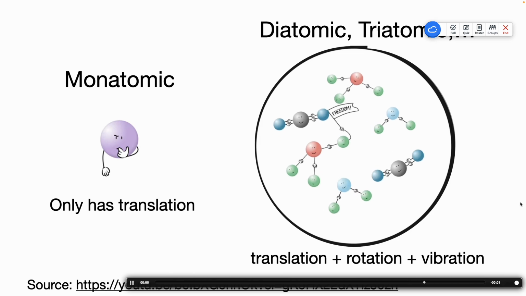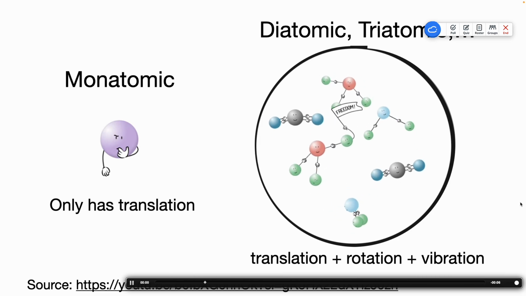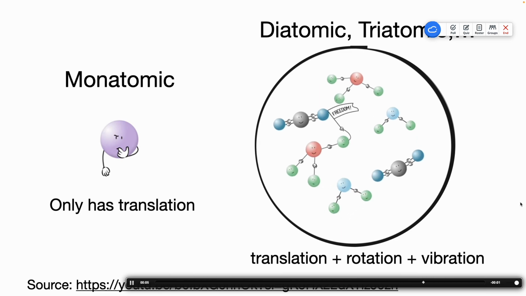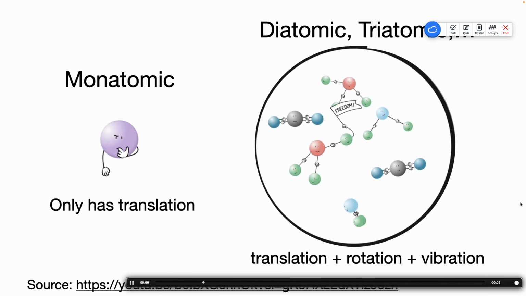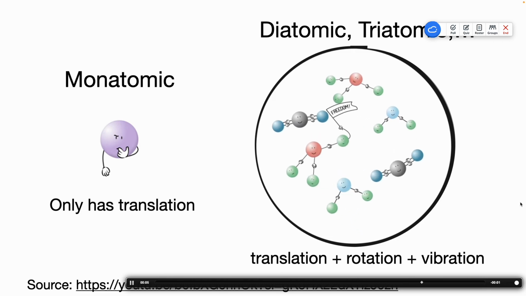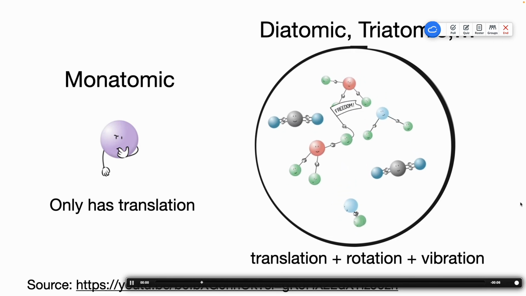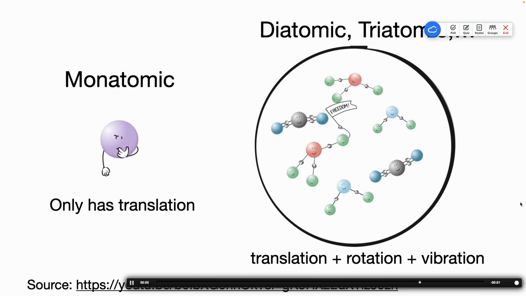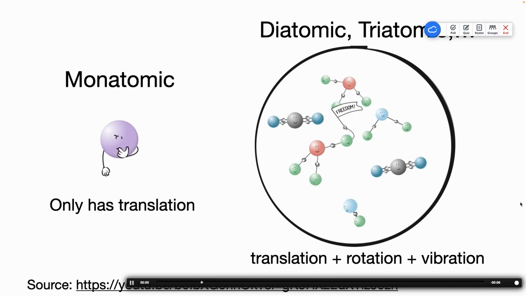It basically only has a point, and there's no internal structure in the sense that if you rotate it, rotating a point doesn't do anything. Rotating a point still gives you the same point. So for a monatomic atom, we say they only have translation. It can only move back, top, down, left, right.